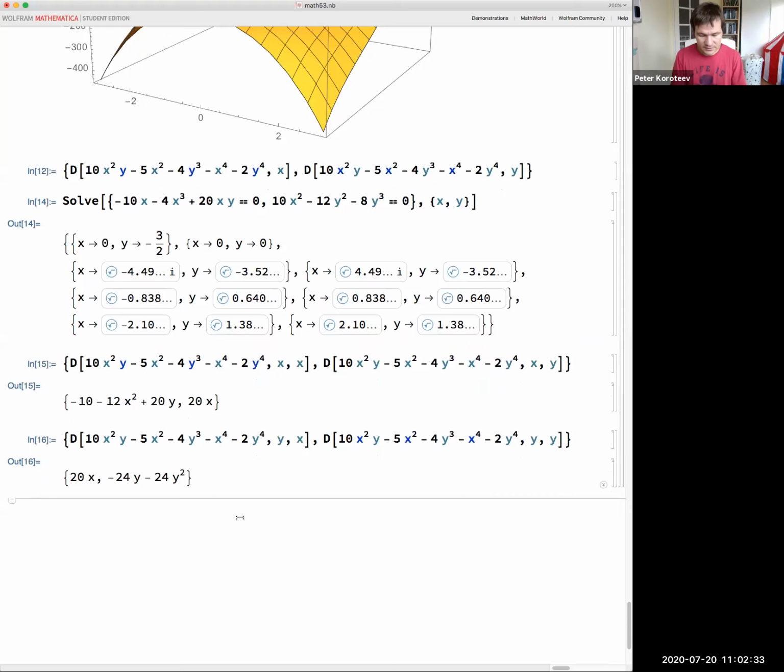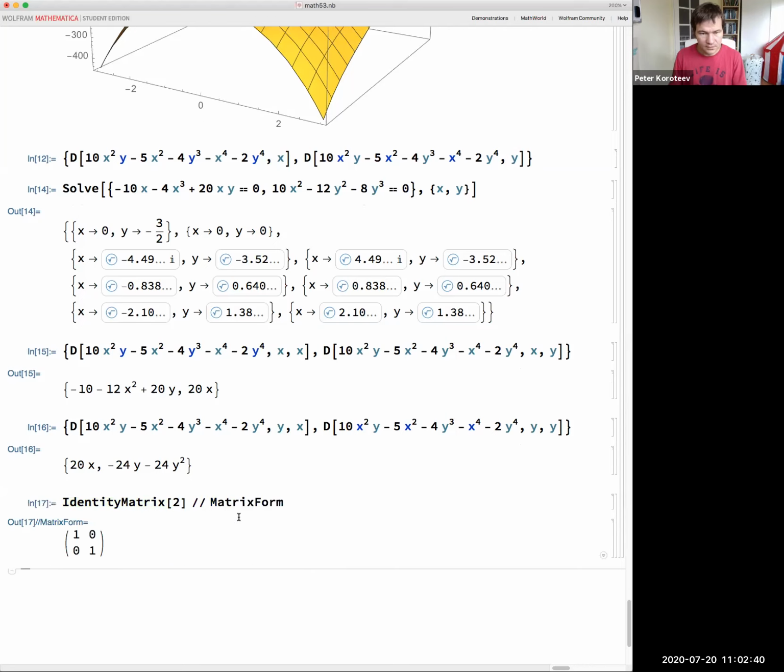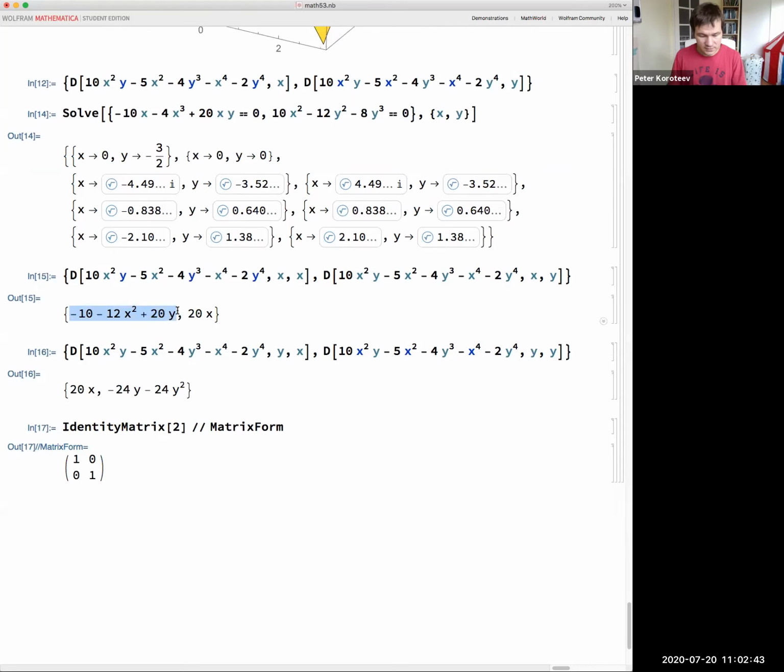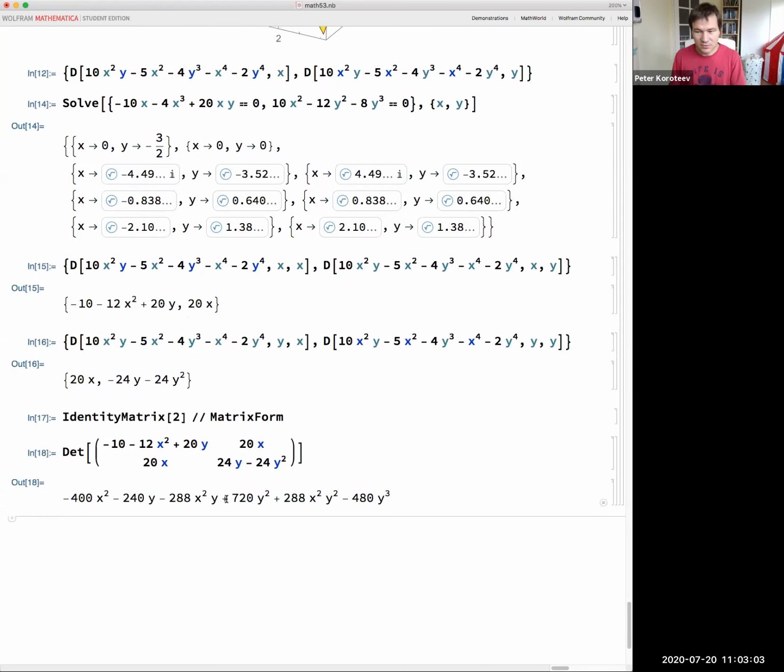Then we take the matrix and fill in those values. Its determinant will give us some polynomial with round numbers. So let's evaluate this at those solutions.